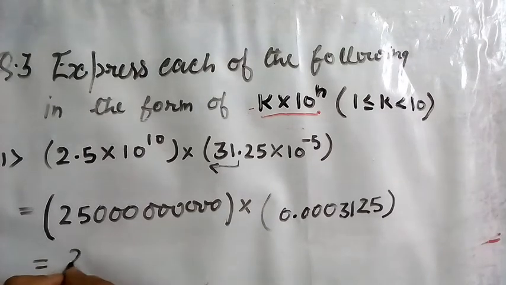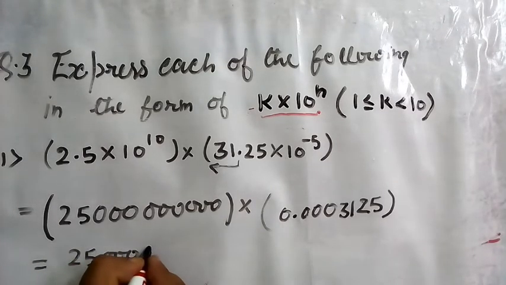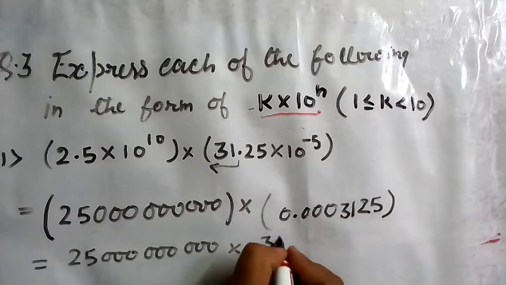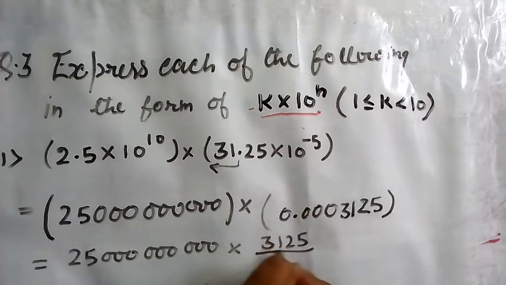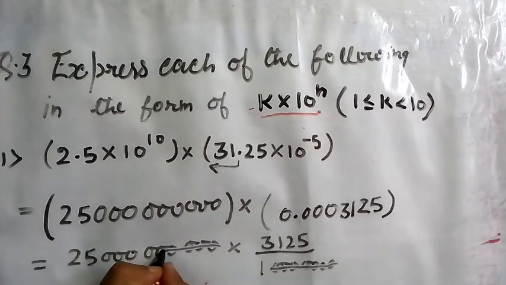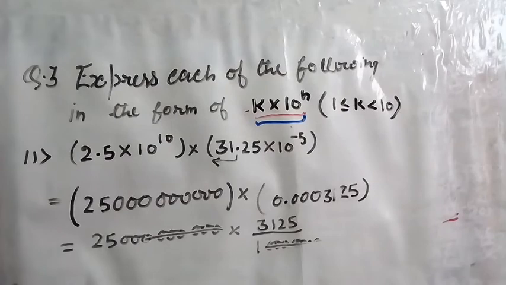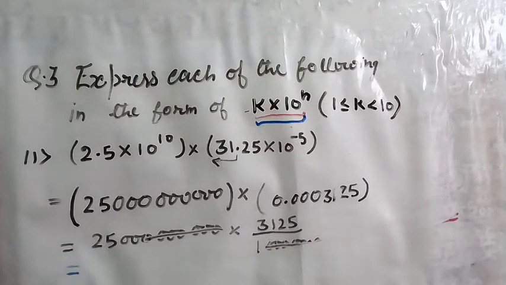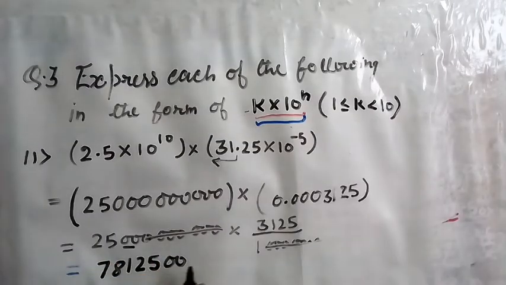Now simplify it, means 25 and 9 zeros as it is, multiply by 3125. Now for decimal you can put 1 and after that 7 digits are there, so 7 zeros. Now 7 zeros are cancelled with 7 zeros, and 25 into 3125 is 78125 and 00.